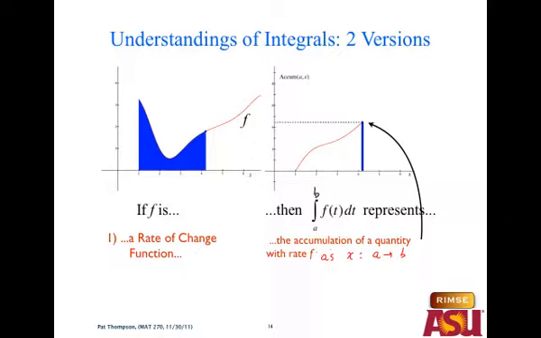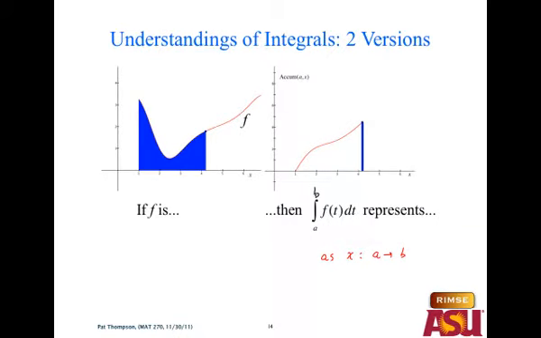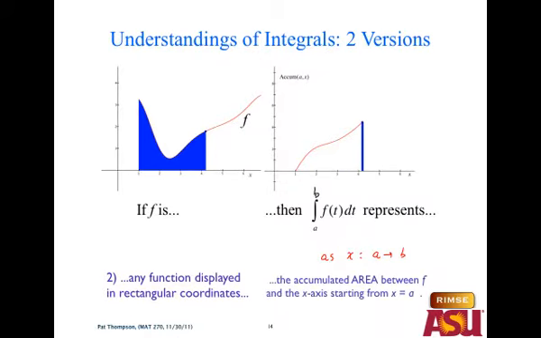All right, and the new alternate understanding is that f could be any function. It doesn't have to be a rate function anymore. It's any function displayed in rectangular coordinates, not necessarily a rate. Then what could that represent? The accumulated area between the x-axis, starting from x equals a to x equals b.